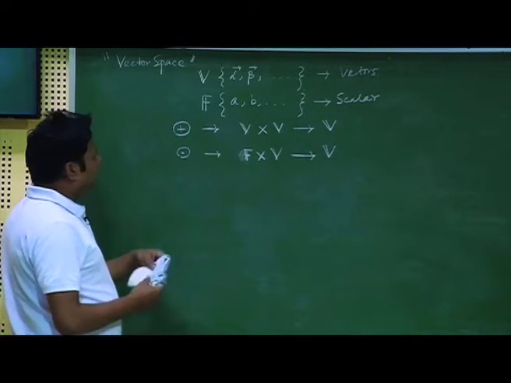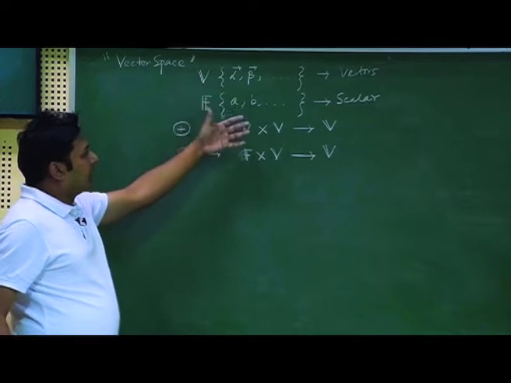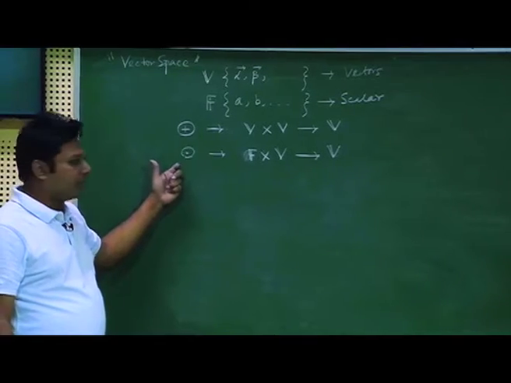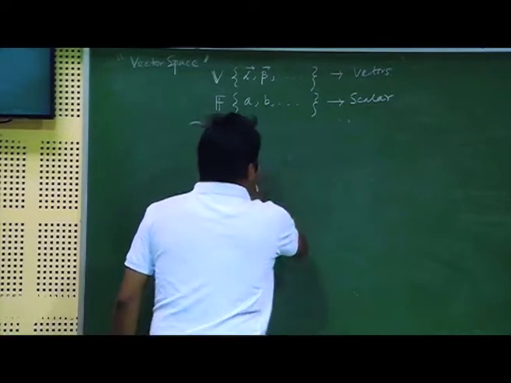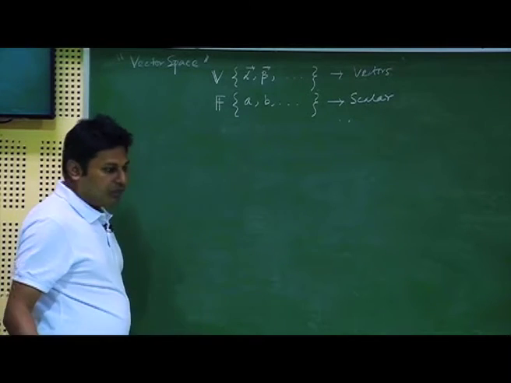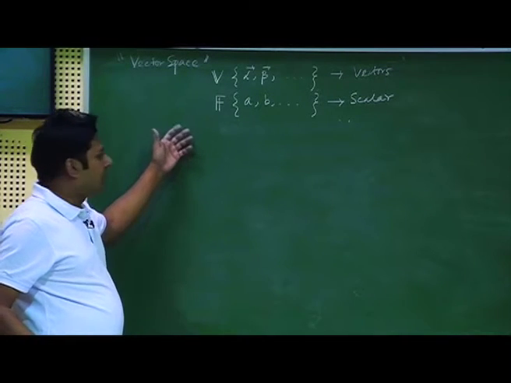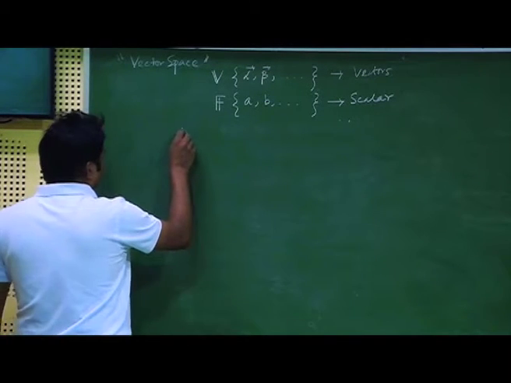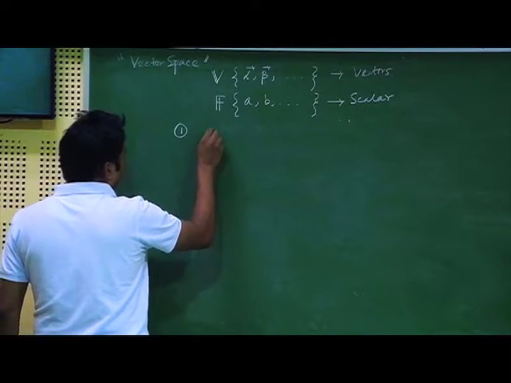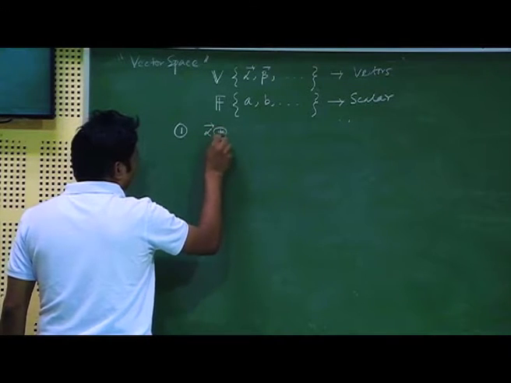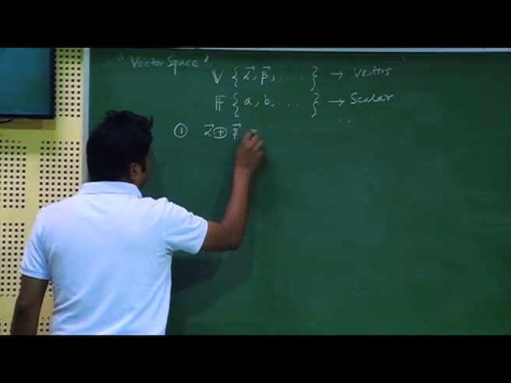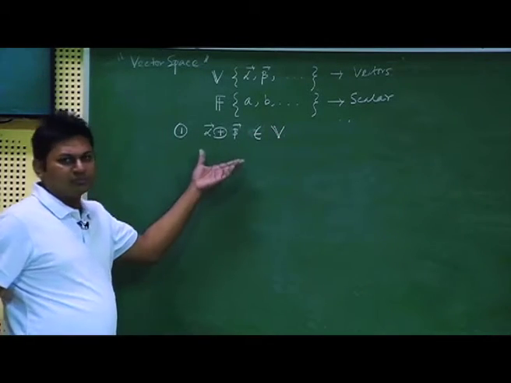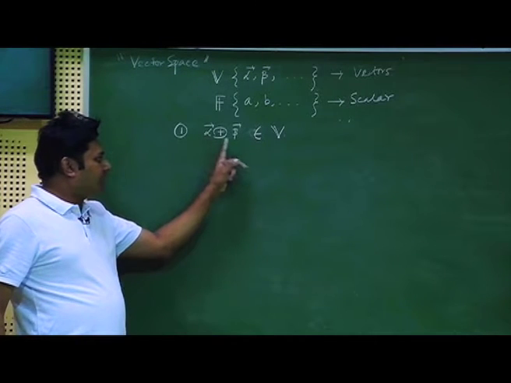Now if V and F follow these rules with the operations plus and dot, then they should also follow the other rules, and we need to check what is going on for those. So the first rule is alpha plus beta belongs to V, which is trivial. Alpha is a vector element, beta is a vector element.